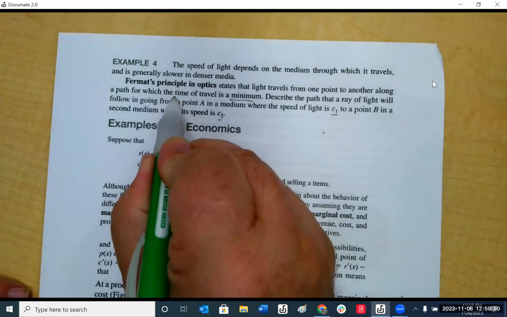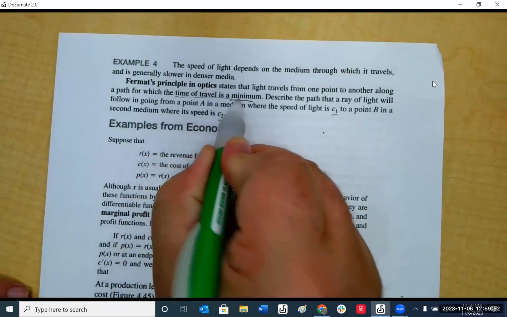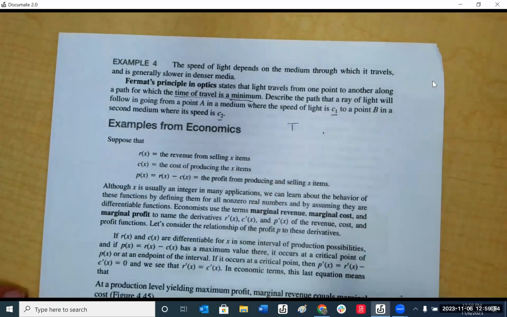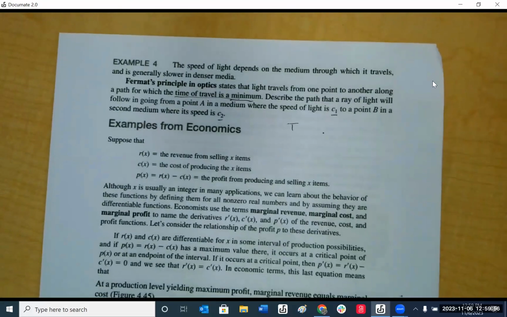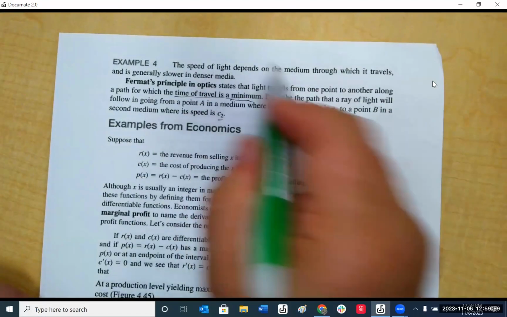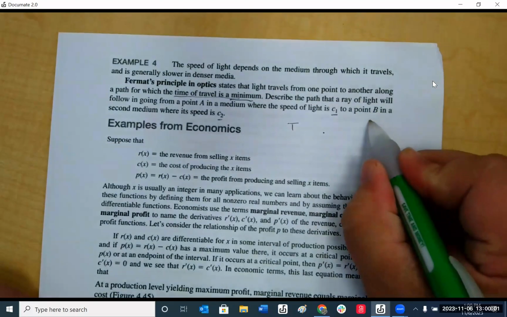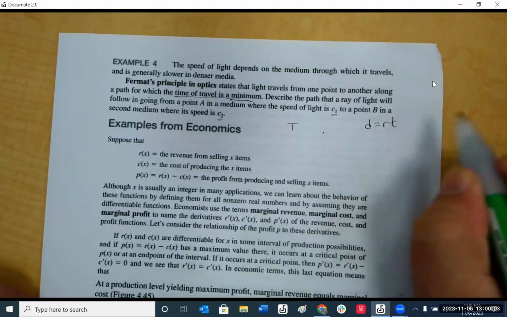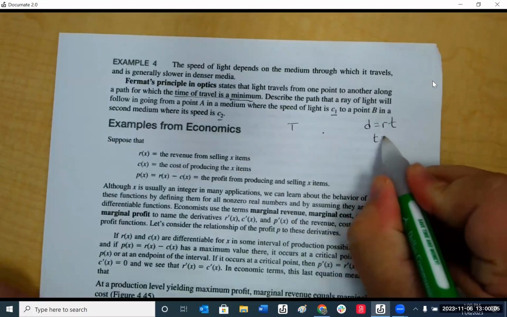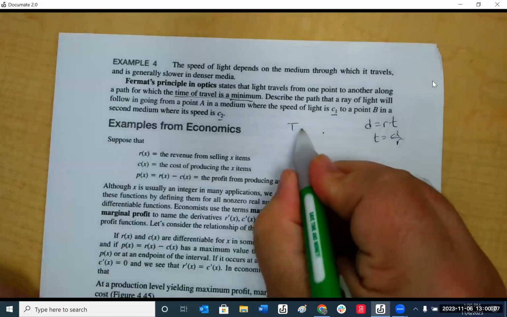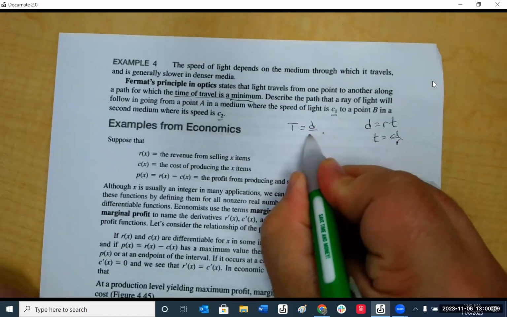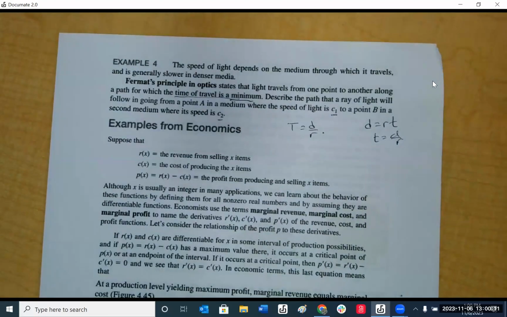Okay, the time of travel is minimum, so we're looking for t. And this is a motion problem, so distance equals rate times time. So it's time equals distance over rate.